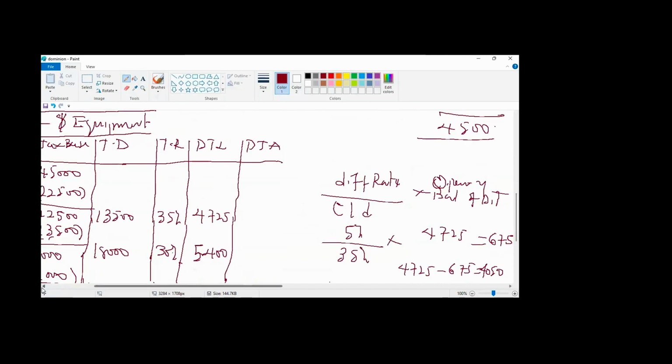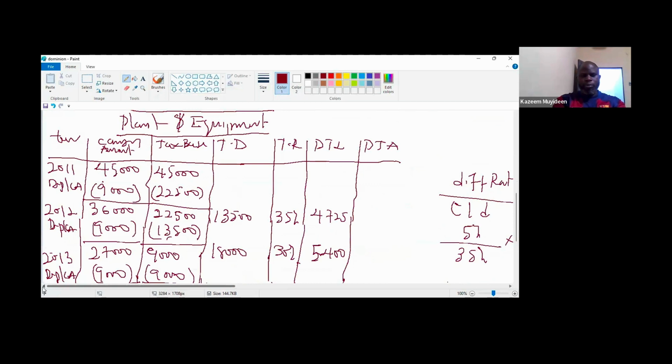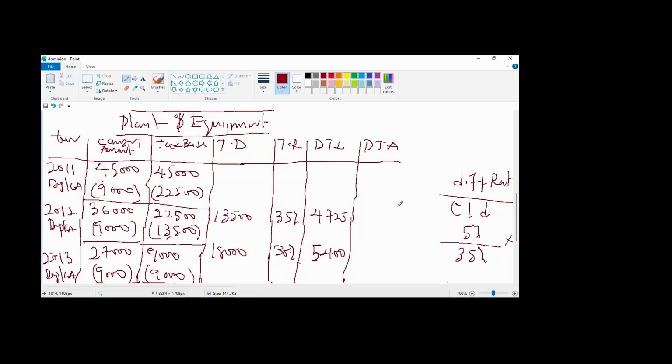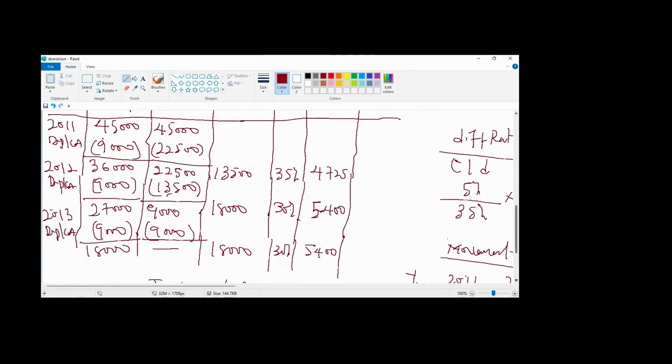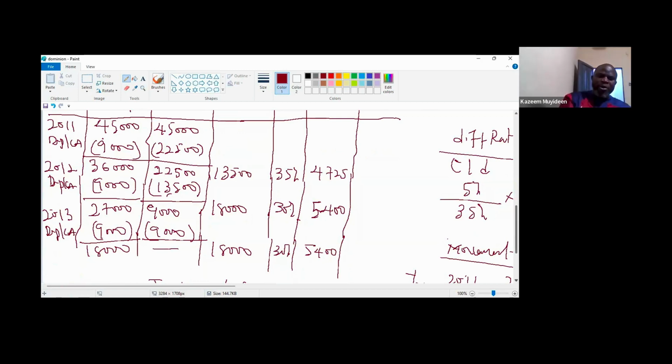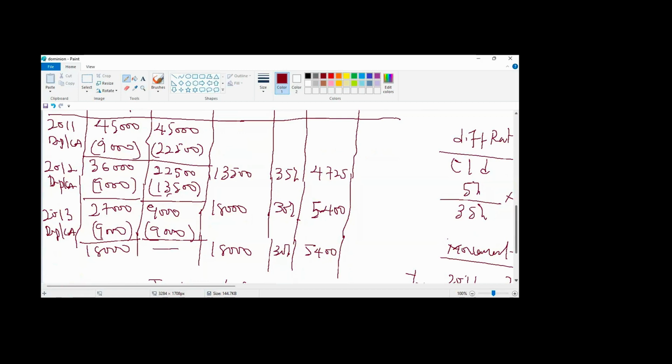Let me show you the table. 2011, 2012, 2013. Can I see the figure for 2013? Can you see now? 54. So we have deferred tax liability for the 3 years. Why? Because the carrying amount is greater than the tax base. Yes.